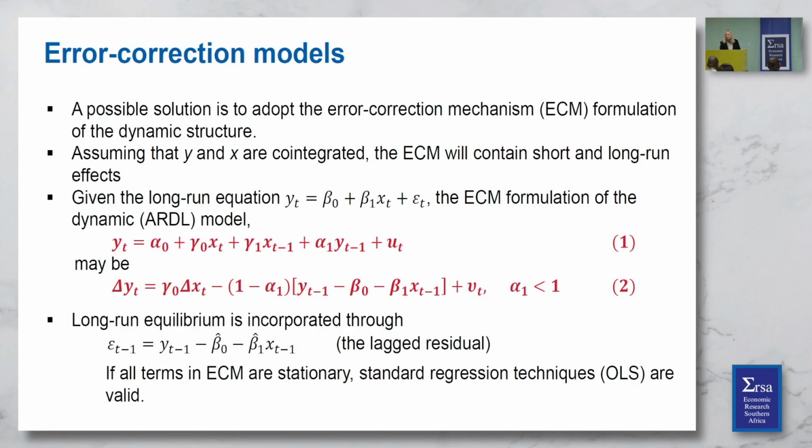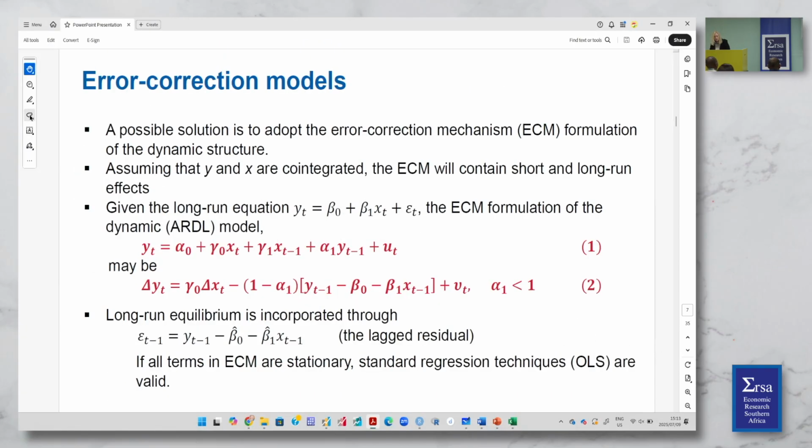In essence, we know that relationship, we know that ET is effectively YT, and the lag one period is a different story, minus beta naught hat minus beta 1 hat xt minus 1.